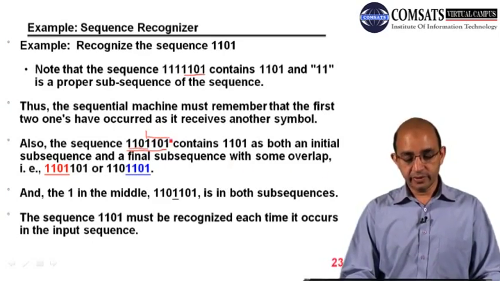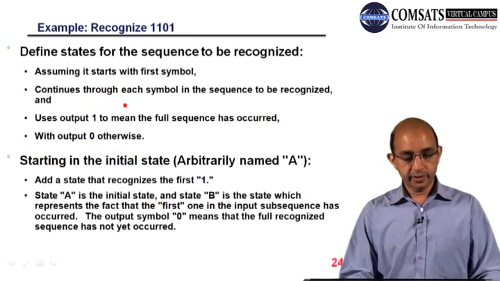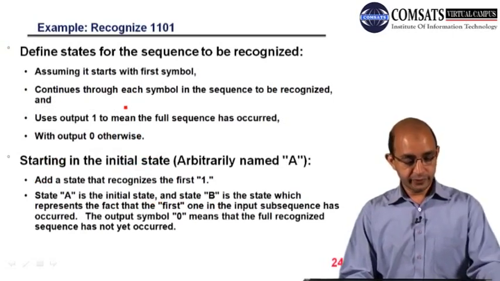So you can call this an overlap. So 1 1 0 1 and then 1 1 0 1. This is an overlap. Okay, we have to start. First we will define the states of the sequences for recognition.